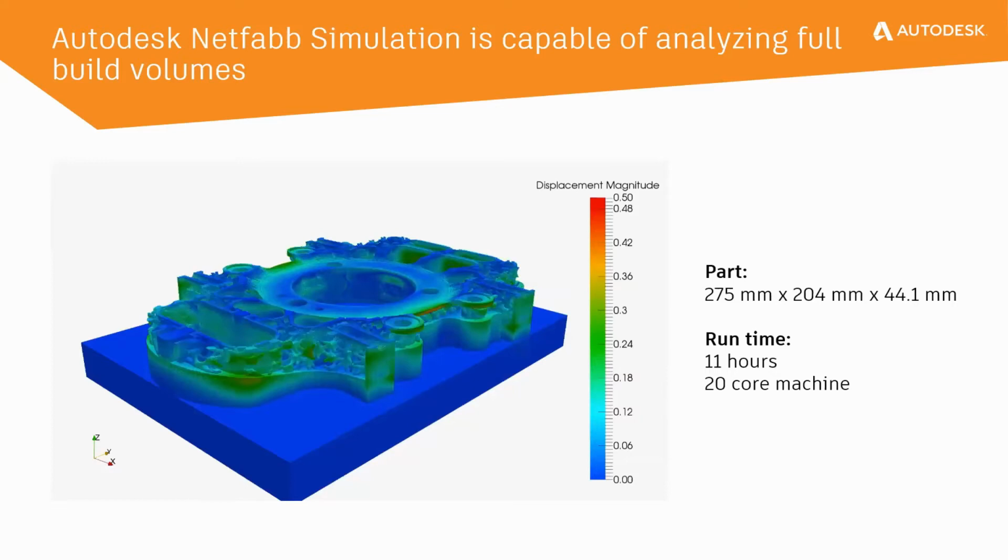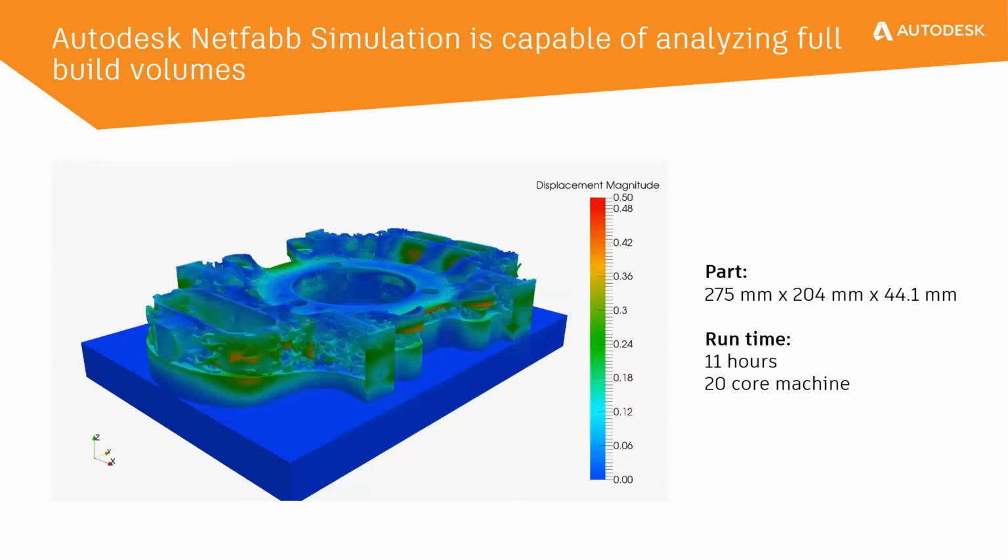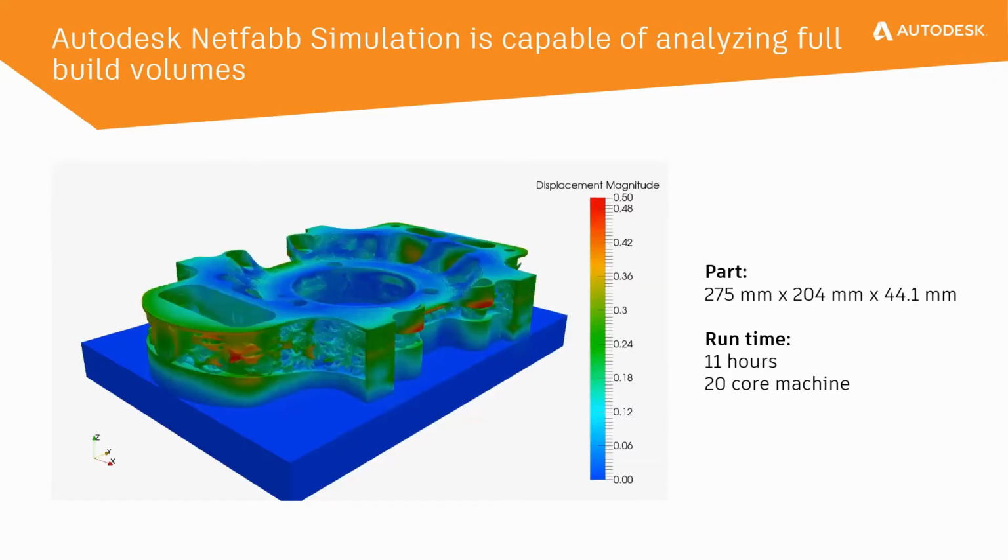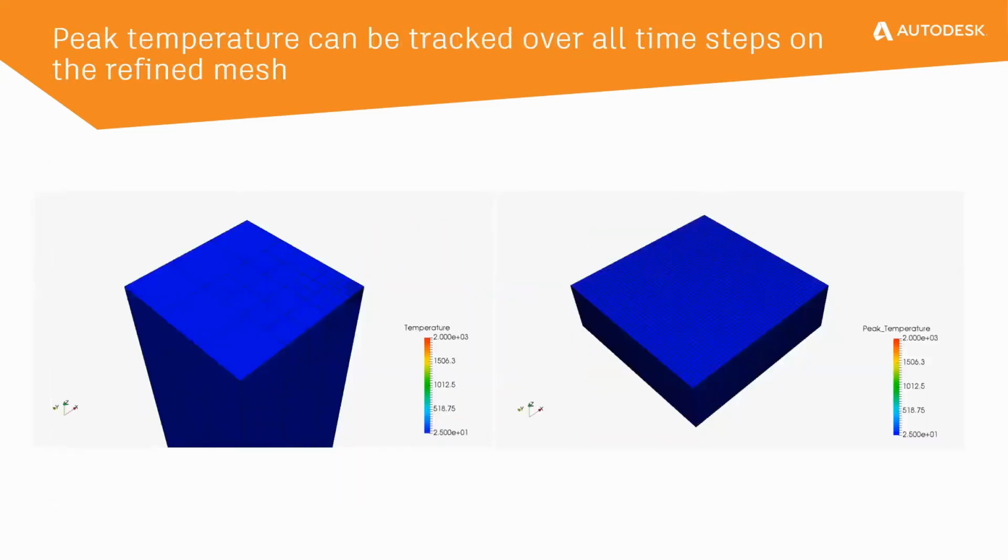It's going to take significantly longer to build it, but in, I would say, a third of the time, you are able to understand if this part is going to fail or not fail on a regular workstation. Now, that is solving or answering the distortion part of the problem that I had introduced earlier as possible failures that can happen when you're working with additive manufacturing.